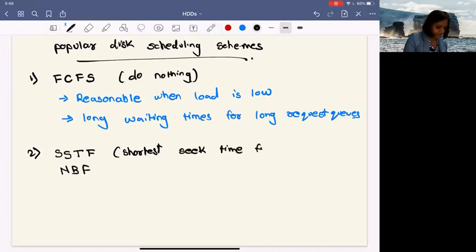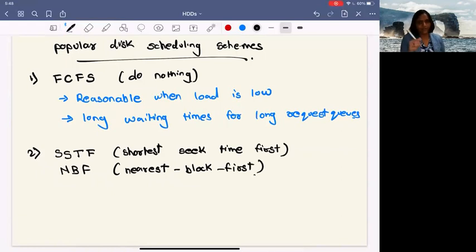This again, as you would have anticipated, if we don't want to spend much time seeking all the way from one track to the track at the other end, then probably it's a good idea to schedule the IOs that are in nearby tracks at the same time, or that are in nearby blocks, nearby sectors, so that you don't have to spend time rotating if you schedule the IOs on nearby sectors on the same track.